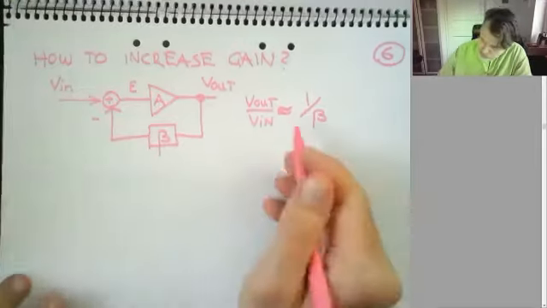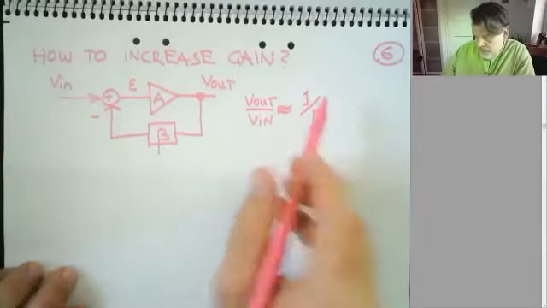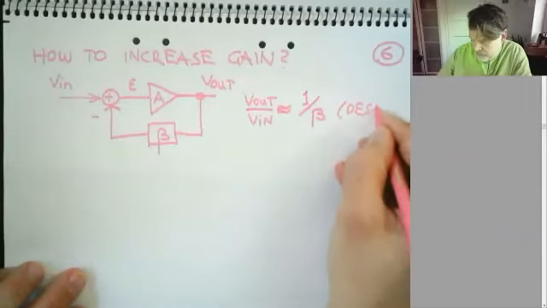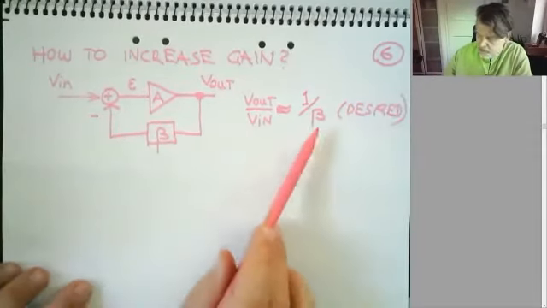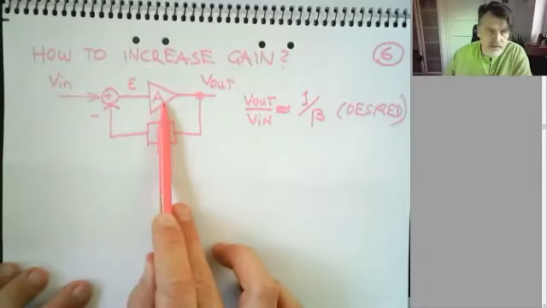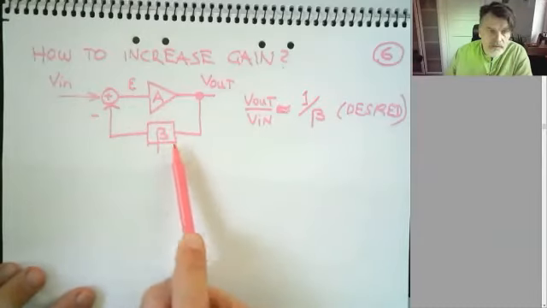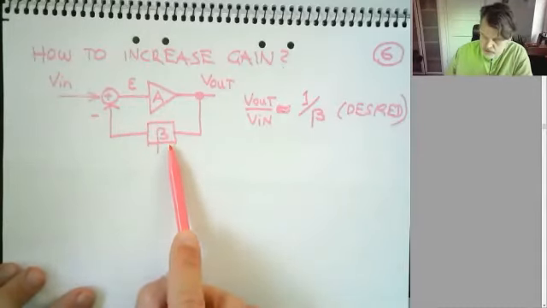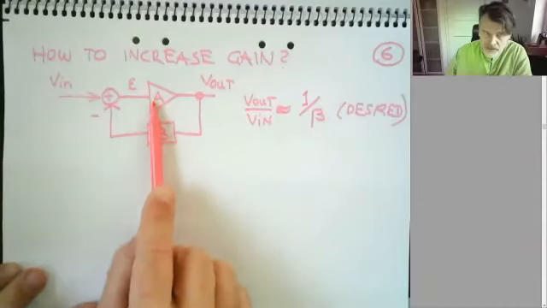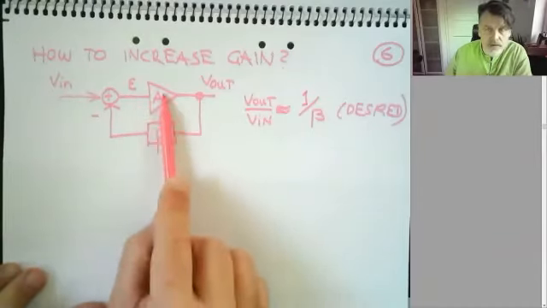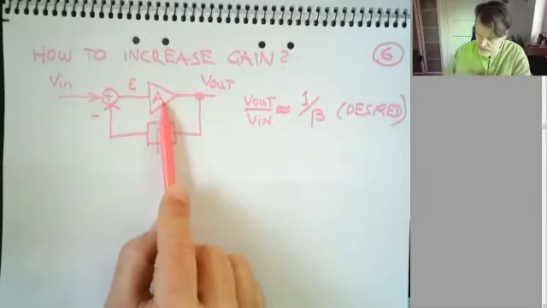So, sorry, I had to close down a bit. So this is the desired. You want to make your feedback loop independent of the amplifier itself due to tolerance issues. So beta is typically a passive network consisting of resistors or capacitors, which have better matching than your transistors will have, because these will vary quite a lot with temperature and voltage and what have you.